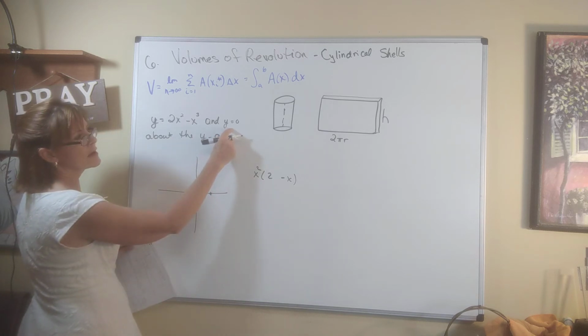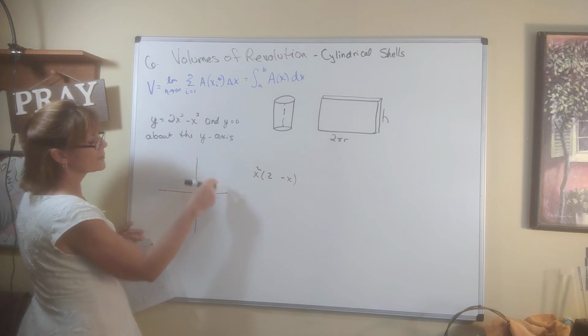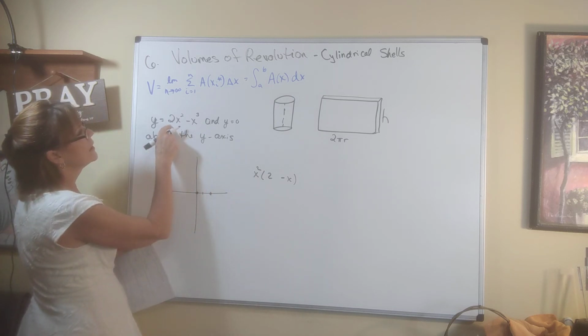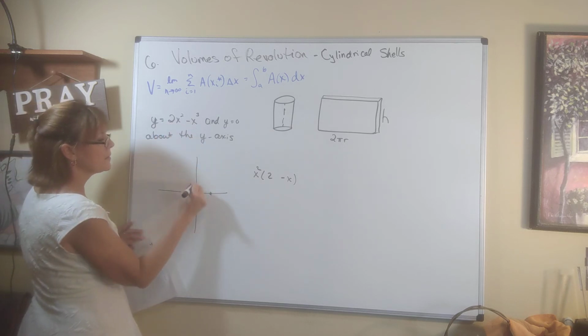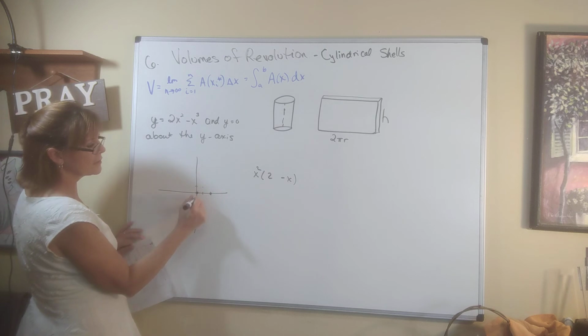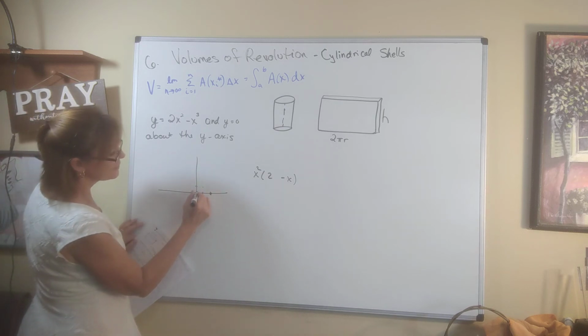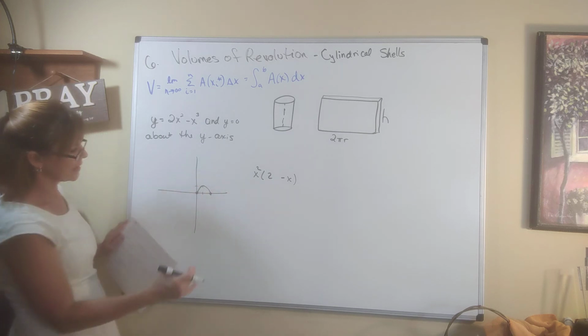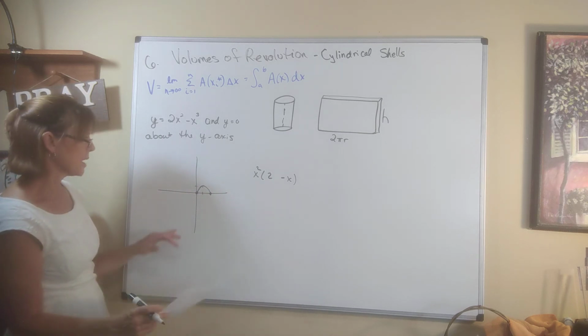I'm interested in that because y is 0. And then what's happening in between? If I plug in 1, 2 times 1 is 2 minus 1, I'm up here at 1. So it's doing some kind of polynomial thing up here. I'll say it does that.